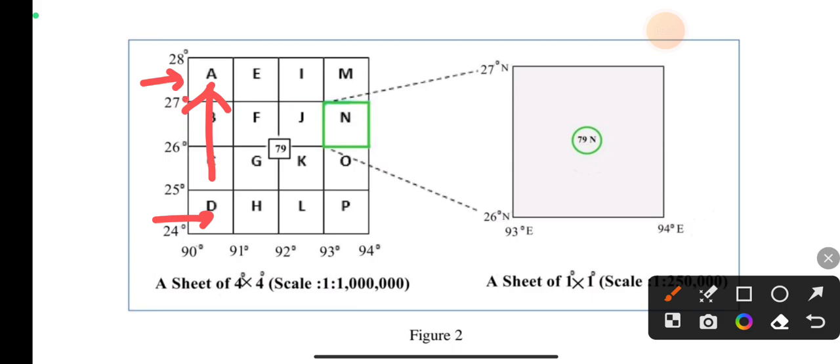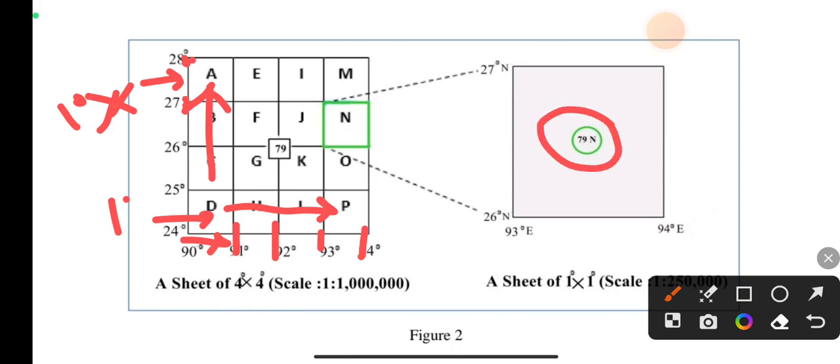So the latitudinal gap is 1 degree. Now the entire longitudinal extent was 4 degree, so we are dividing it into 4 equal parts. So the longitudinal extent also became 1 degree. That's why this sheet is 1 degree into 1 degree, nothing else.